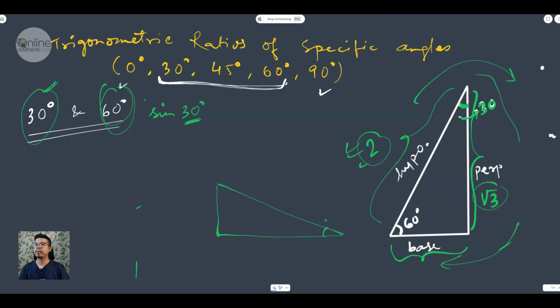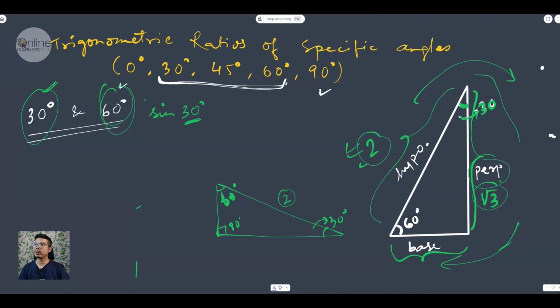This 30 will come here, and this 60 will go up, 90 is here. This is the hypotenuse, and the value of the hypotenuse is 2. It will remain the same.